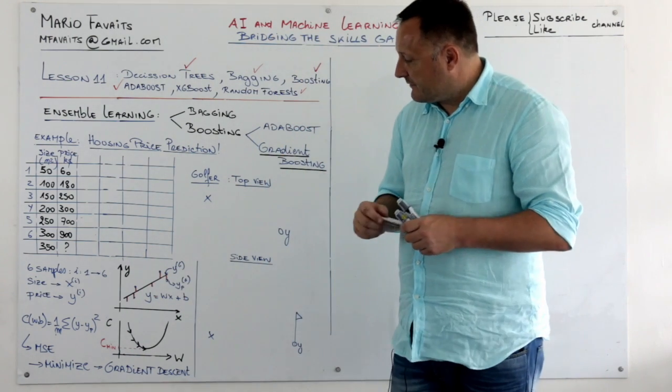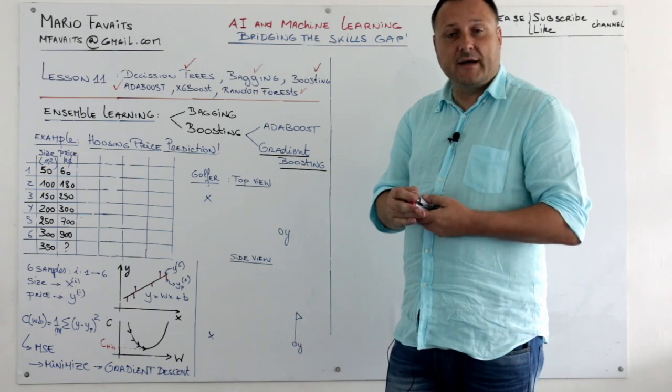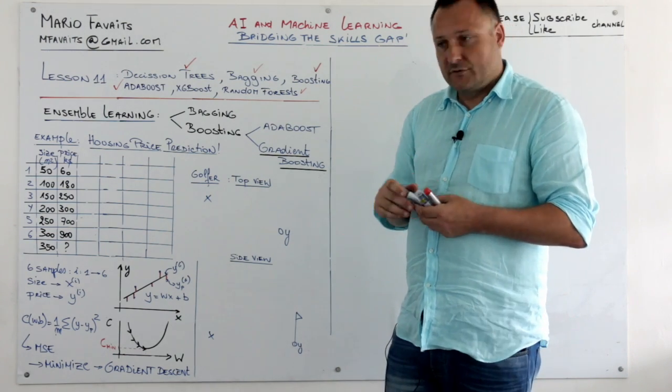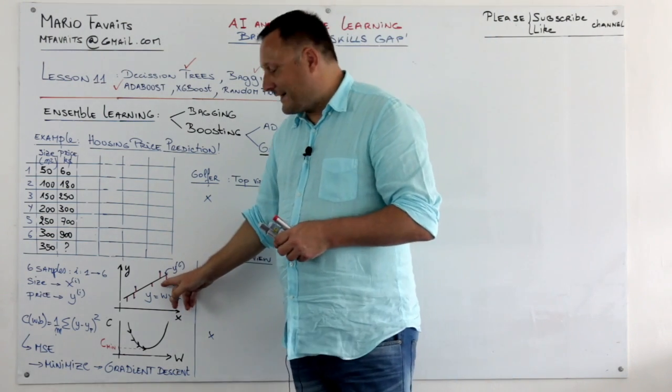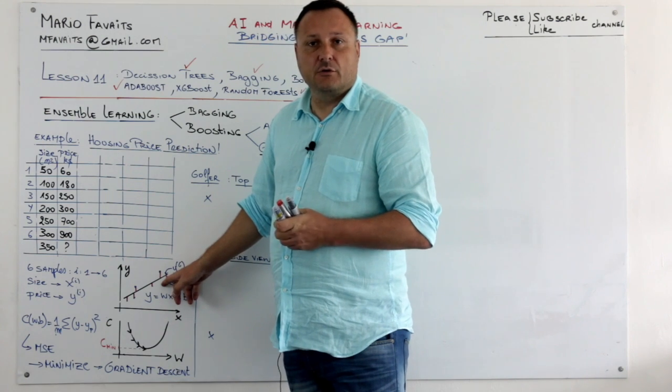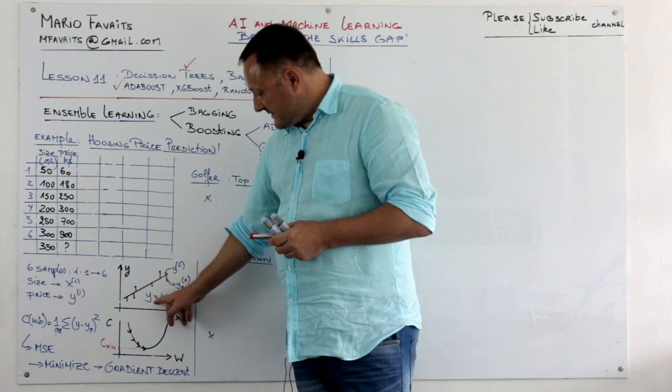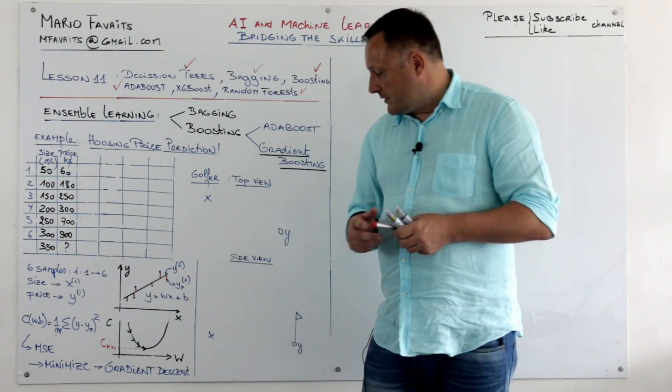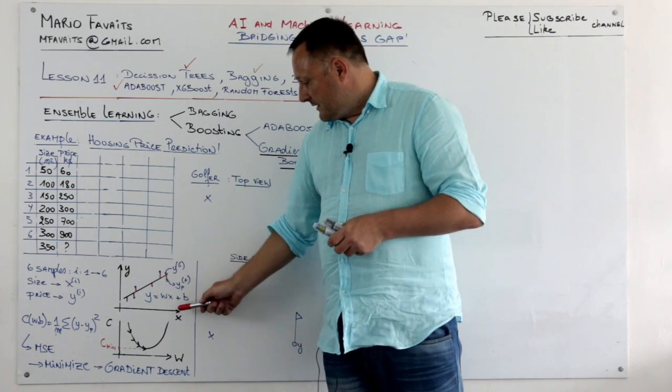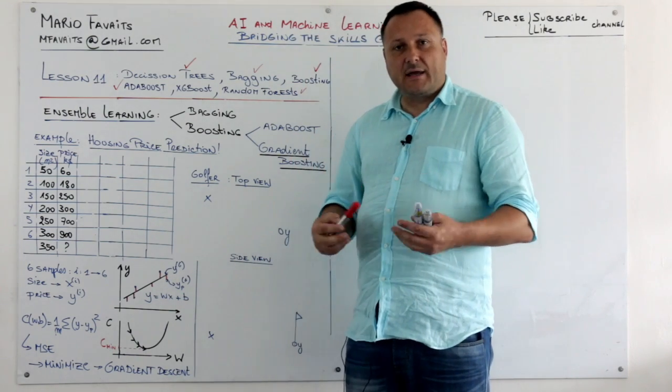And for the sacrifice, we define a cost function. The cost function would reflect how close we are to the model. And this is a linear relationship here, Wx plus b. This is the weight and the bias.